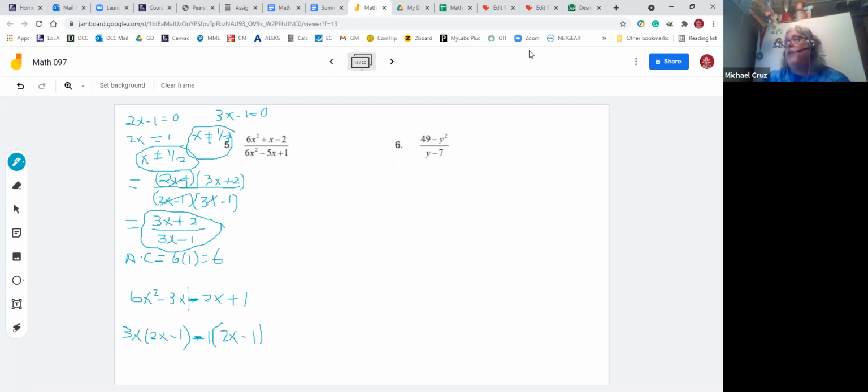Well, that's what's going to happen here. First of all, it's already factored in the denominator. So we know that y minus 7 cannot be equal to 0. So that means y can't be equal to 7. So that's what makes it undefined.